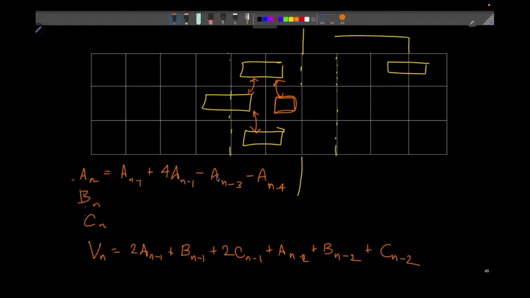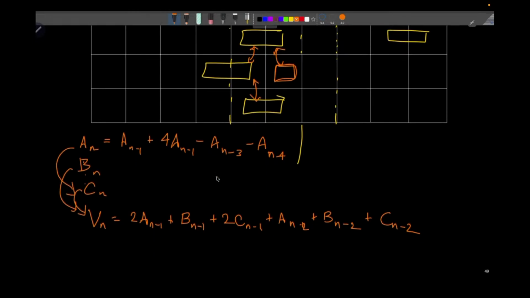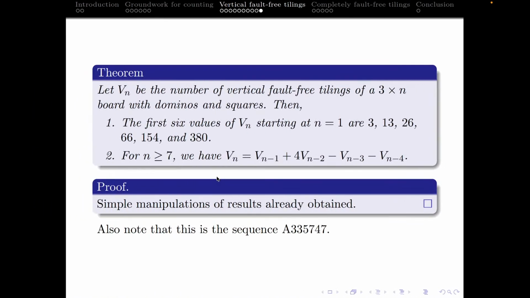Basically, plugging these into this formula properly, we get that Vn is similarly equal to Vn minus 1 plus 4Vn minus 2. So it is basically the same 1, 4, minus 1, minus 1 thing again. It is just a matter of manipulation and dealing with all the things that we have already obtained. And this is the OEIS link for it, 335747, in case anyone wants to check it out.